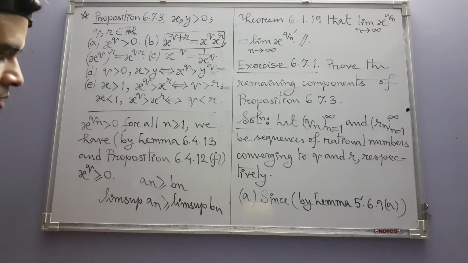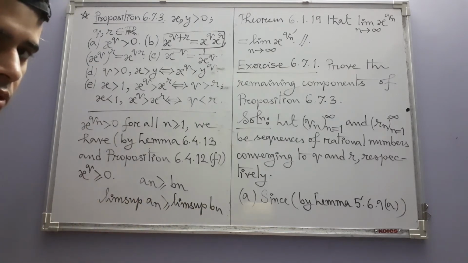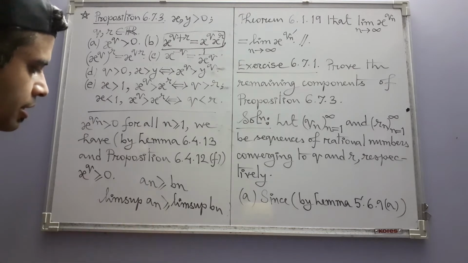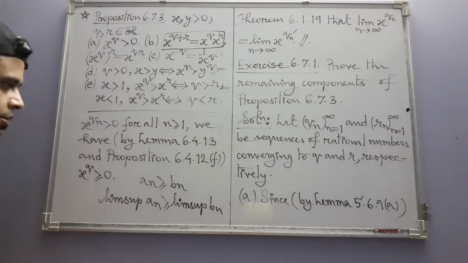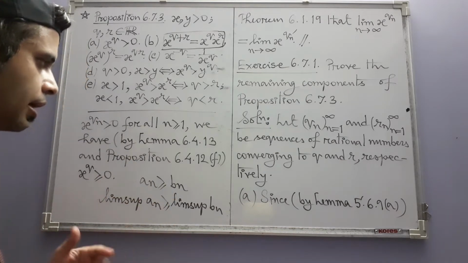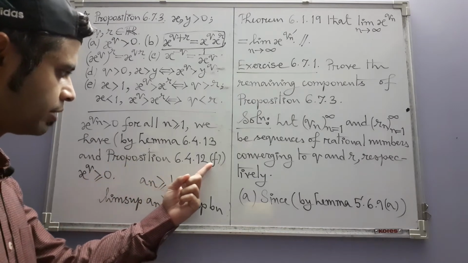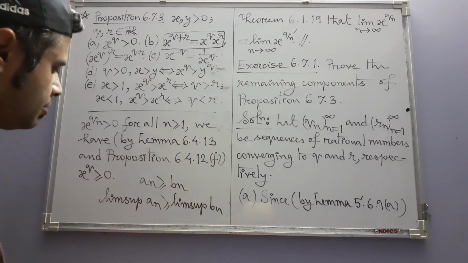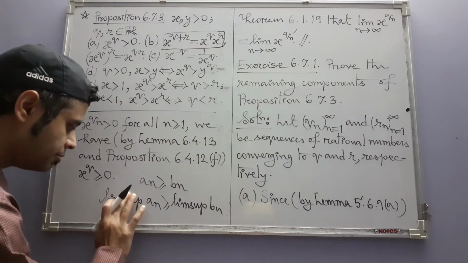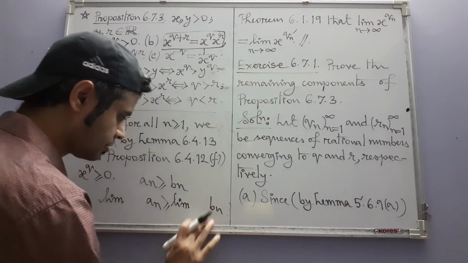These two limit superiors also are related to each other by such an inequality. Now, if your original sequences are themselves convergent, then by proposition 6 for 12 part F, this is the last part, we know that these limit superiors are actually limits equal to limits.